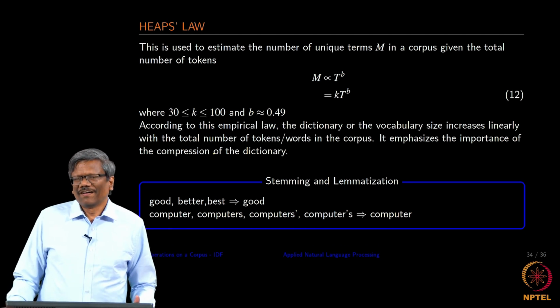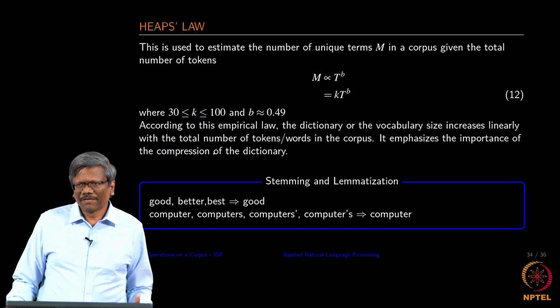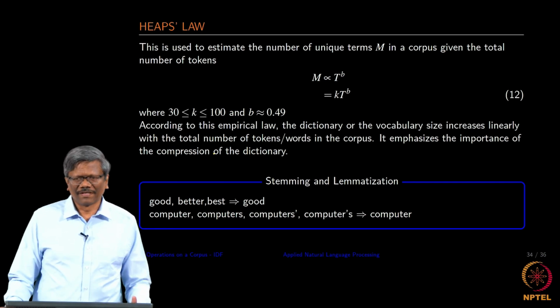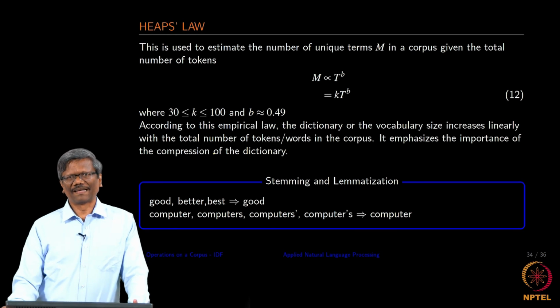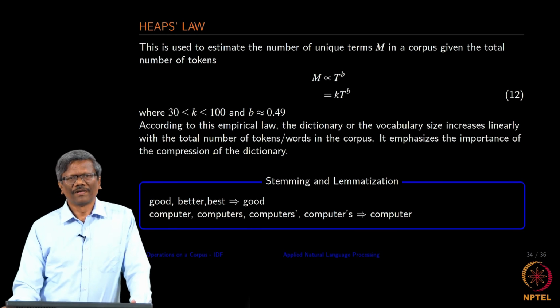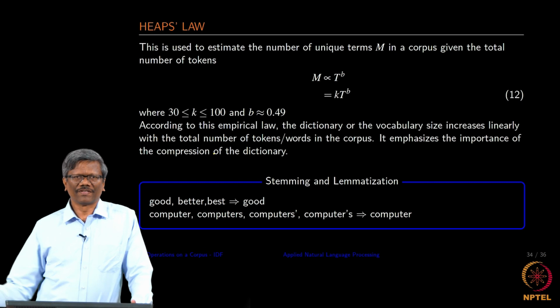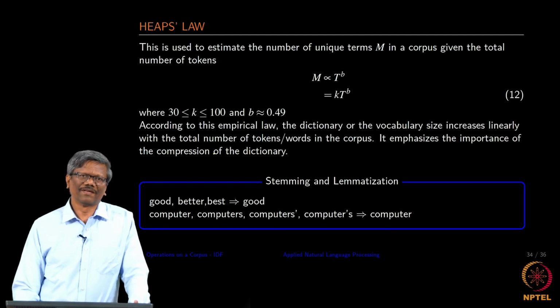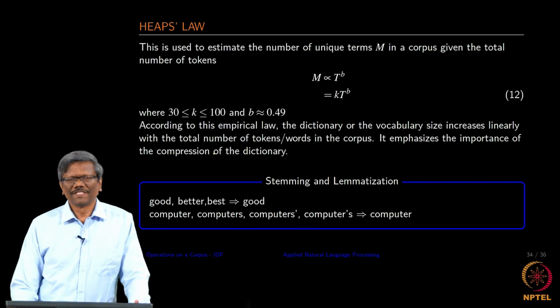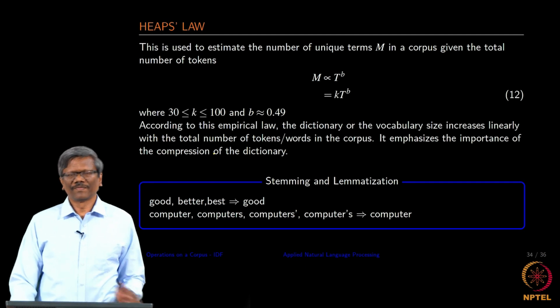That means if you have a vocabulary capturing run, ran, running and so on, it is going to really increase the number of terms, and every word would be considered a term, which is not really right.